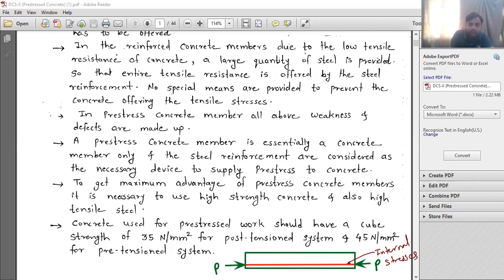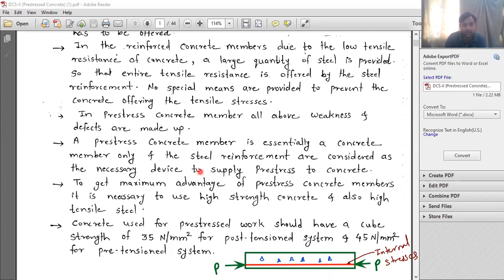Now the concrete is surrounding the steel. If I draw the concrete, it is somewhere here, all these things are the concrete. So the concrete is near to this steel, so whatever stresses are getting developed in this steel are automatically transferred to the concrete.